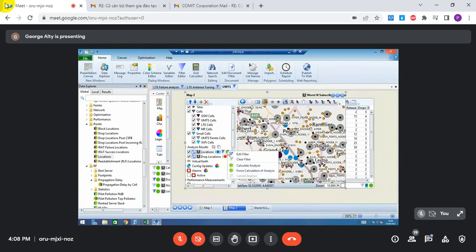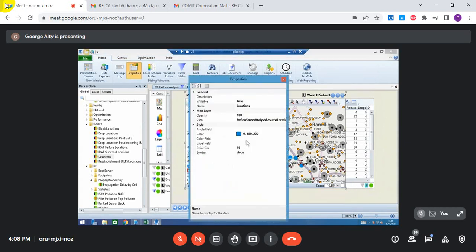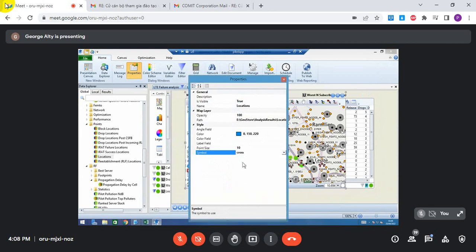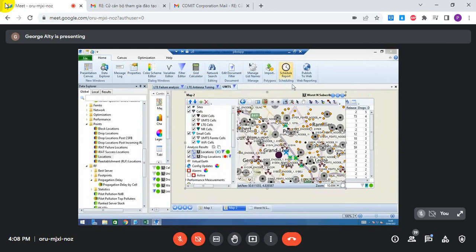What we can do here is, if we have multiple subscribers, one of the things we can do is to look at the properties. And in this case, we could change the symbol. So if I wanted his locations, let's have them as a cross. Close that. So you can see now I can identify his locations as opposed to his drops.